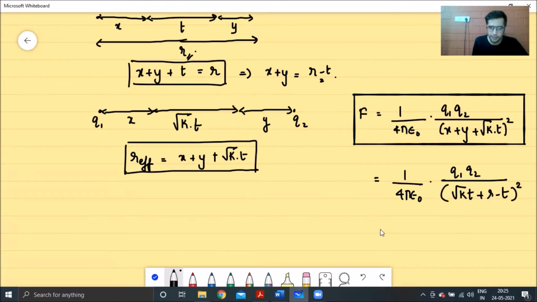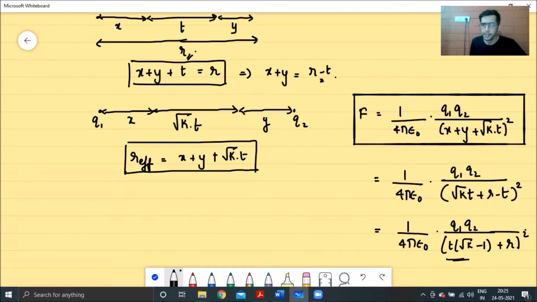If I want to write it in a proper manner, it would be 1 by 4 pi epsilon naught of Q1 Q2 by T into root K minus 1, plus R, whole square. Right? So I hope this logic is clear, and now we can use this logic to solve the previous question.